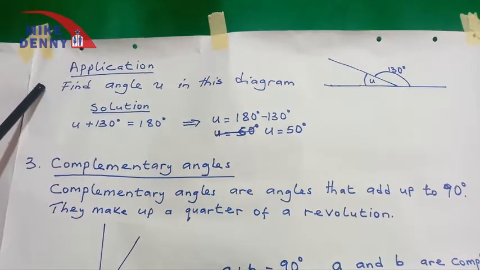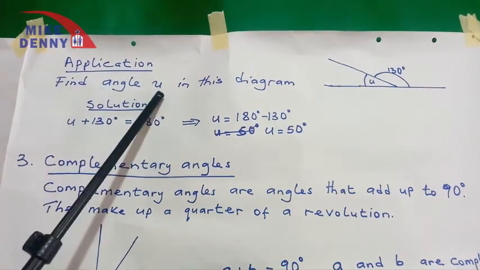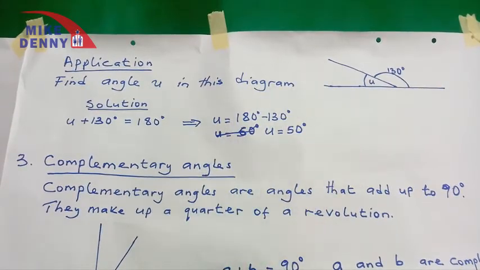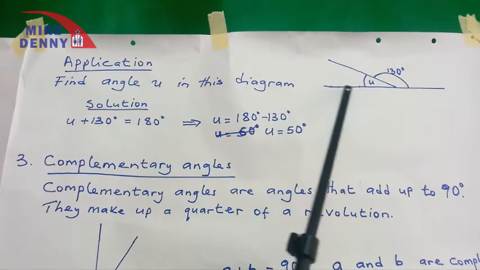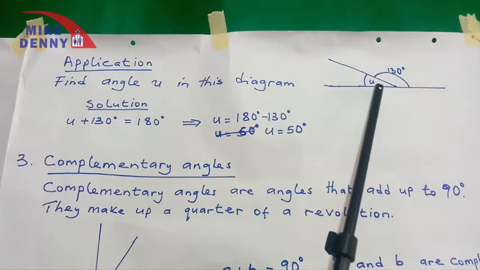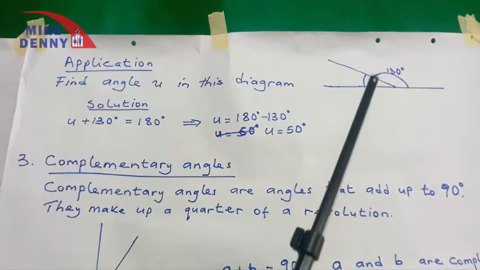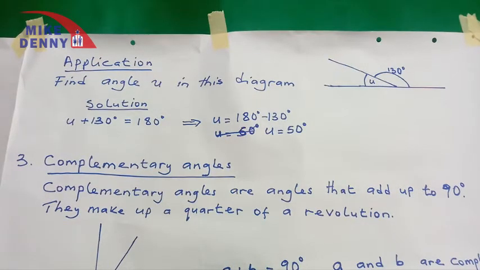Application. Find angle U in this diagram. This is the diagram. So the diagram has a straight line with two angles, U and 130. And we said angles on a straight line are supplementary, meaning that they add up to 180 degrees.